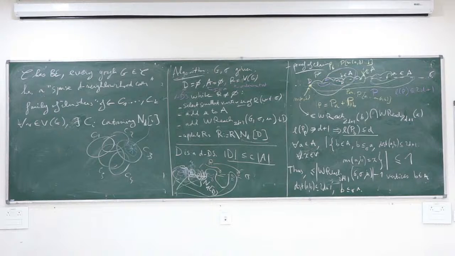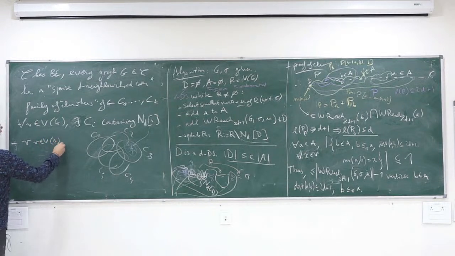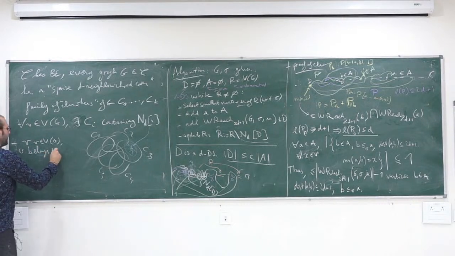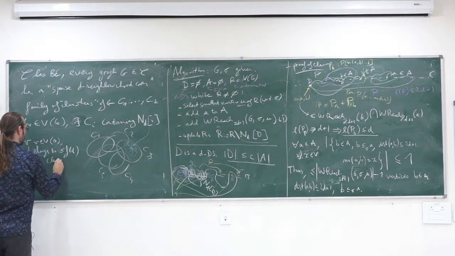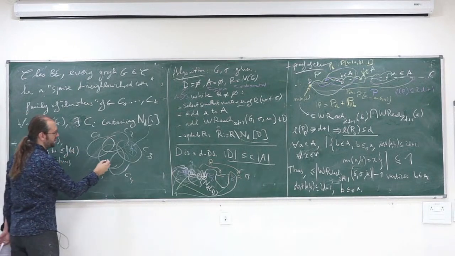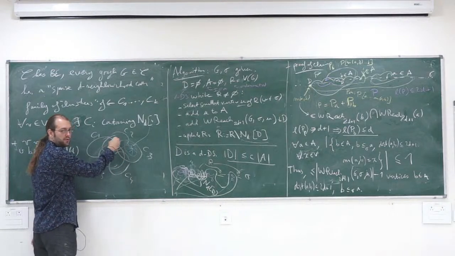But there are more conditions. So also you want that every vertex of V is not in too many clusters, bounded by some function. That basically means that these clusters don't overlap too many times.